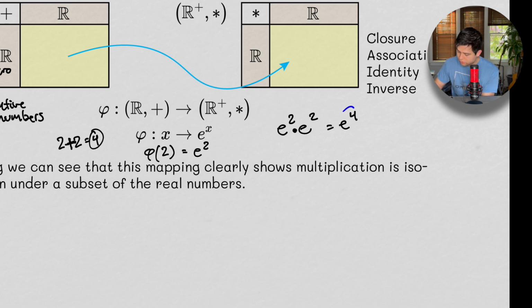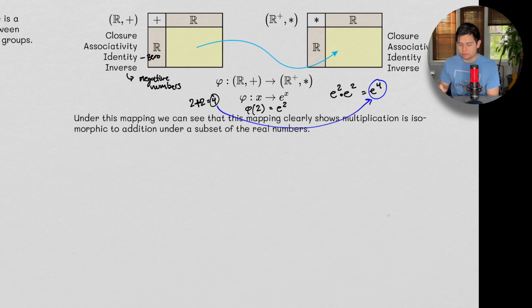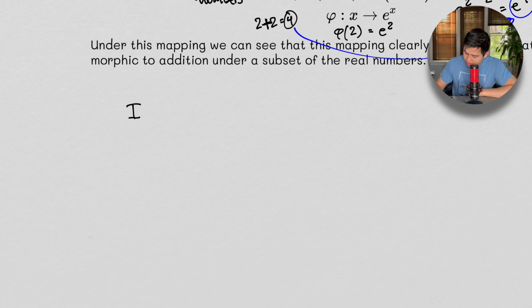So we can actually see that this is indeed an isomorphism. Under this mapping we can see that it clearly shows multiplication is isomorphic to addition under a subset of the real numbers.